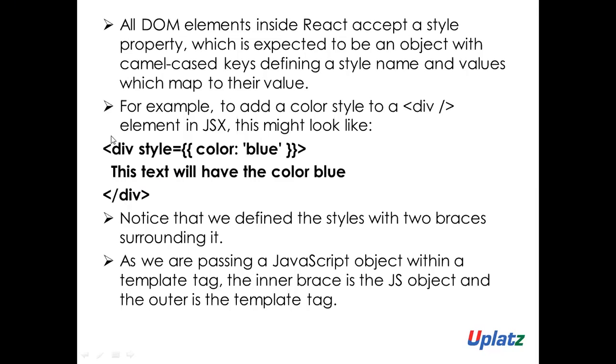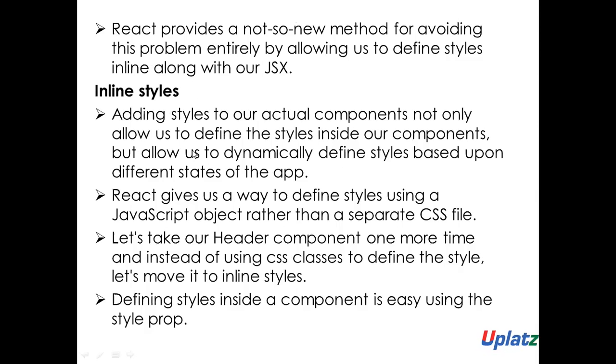So div, this is the element I have in React. So style, double braces, color. As we are passing a JavaScript object within the template, the inner brace is for the JS object and the outer is the template. So that's why we add two braces while defining CSS as an inline style.